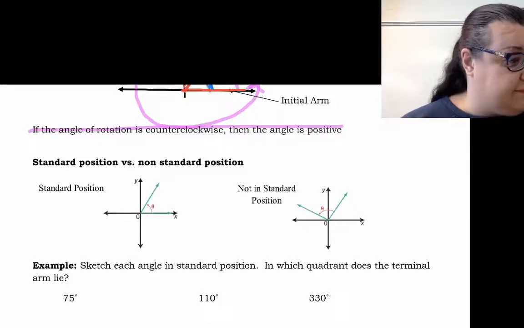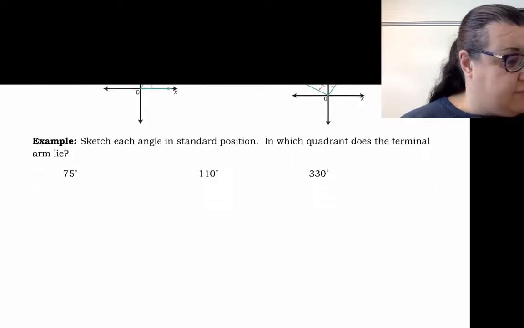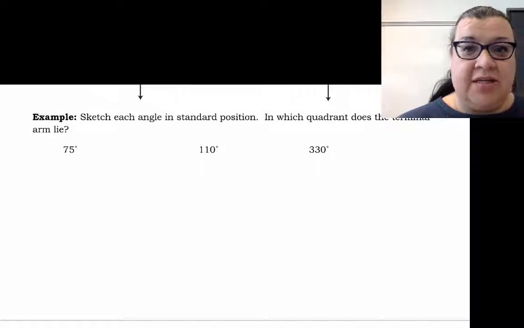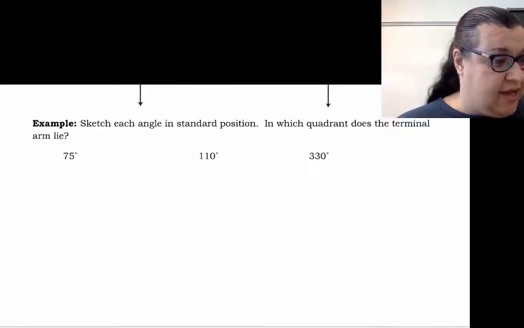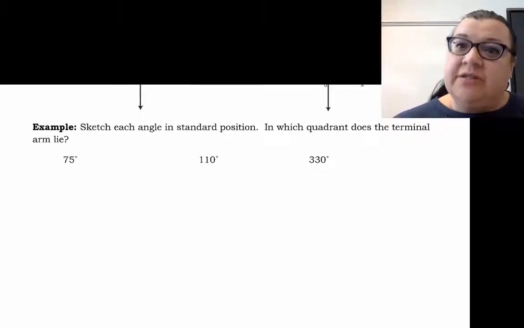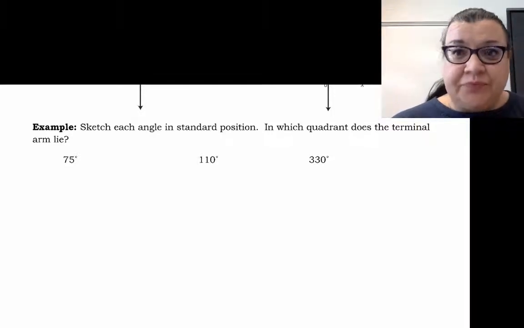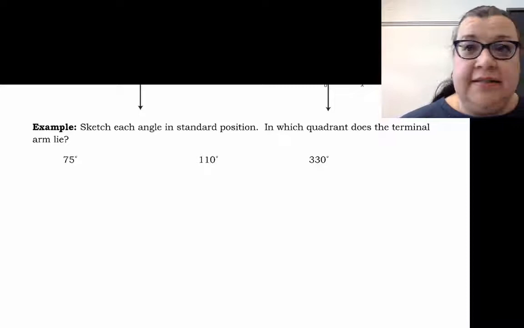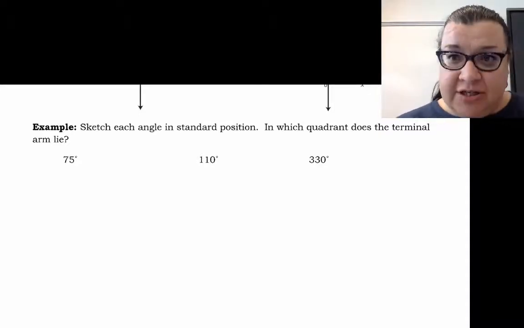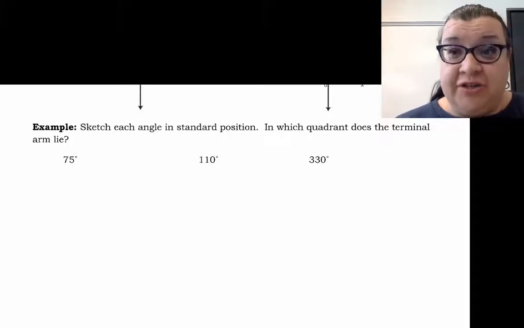All right. So the first thing we're going to do is sketch an angle in standard position, and from that then be able to determine what quadrant the terminal arm lies in. So this is going to be a little bit of estimation. You could, of course, if you wanted to be super accurate, pull out a protractor and use it.